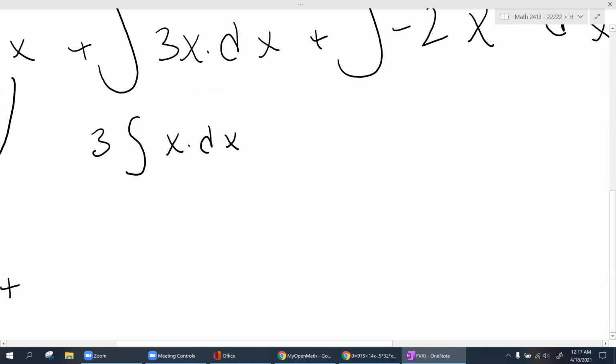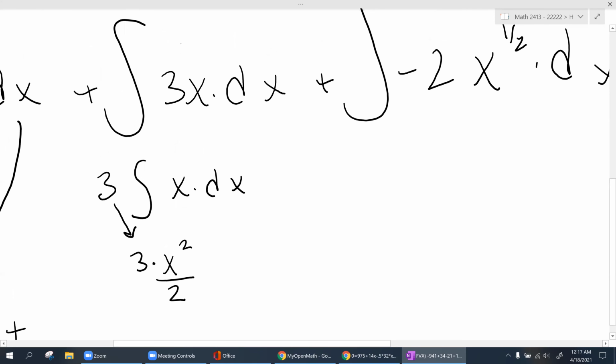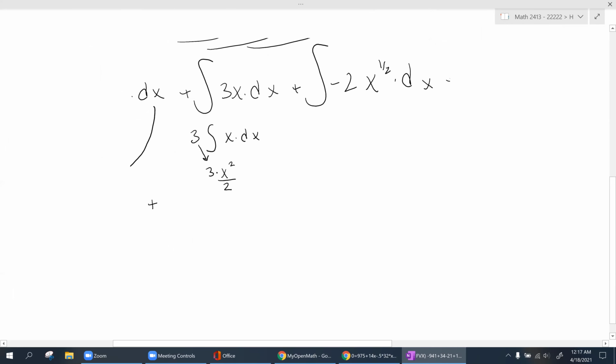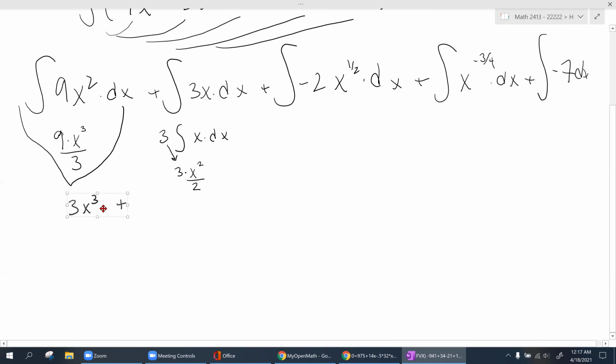The exponent here is 1, because whenever there's nothing up there, there's a 1. So this is going to be 1 plus 1, which is 2, divided by 2. And don't forget to bring down the 3. So your integral for this function is 3x squared over 2.